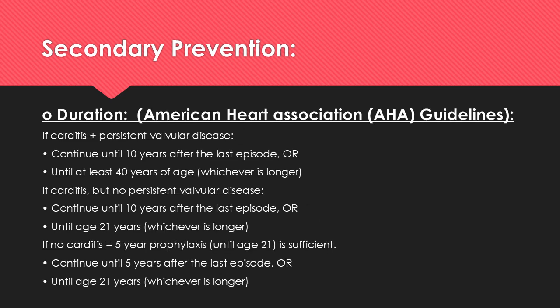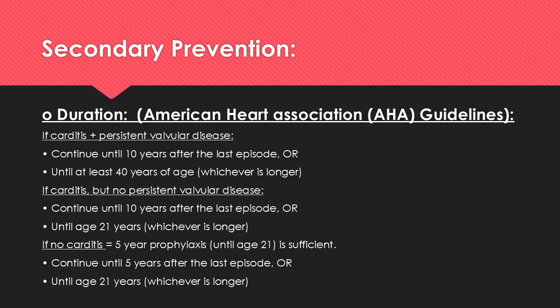The duration according to American Heart Association guidelines is: if there is carditis along with persistent valvular disease, then we continue the antibiotic until 10 years after the last episode, or until at least 40 years of age, whichever is longer.